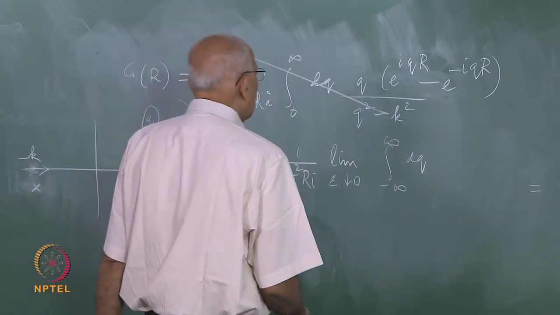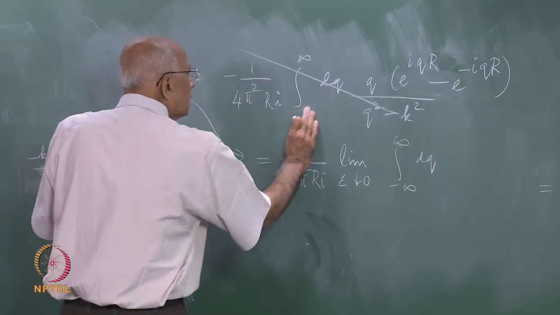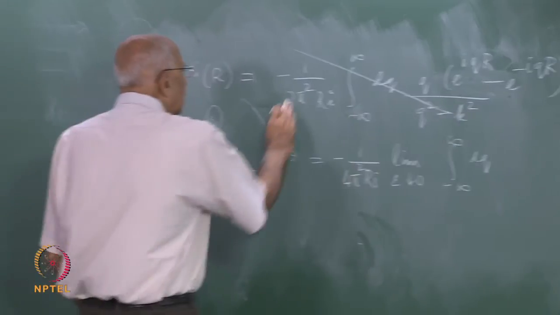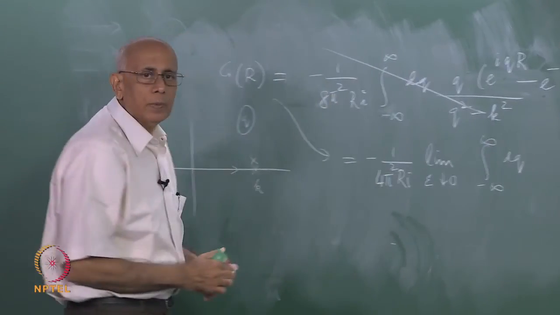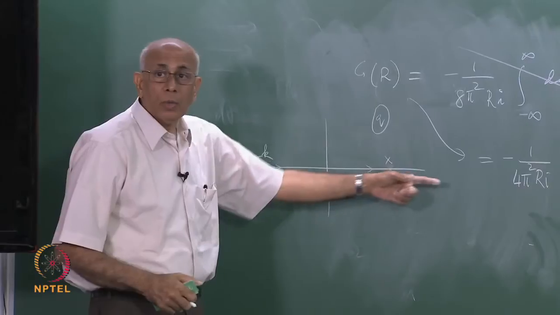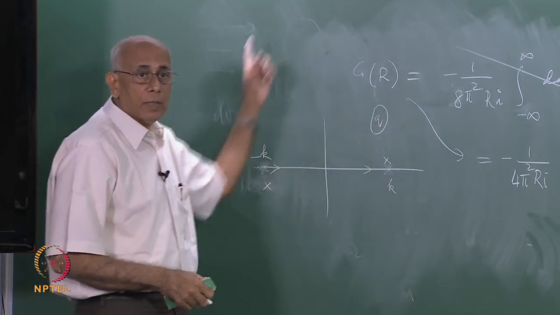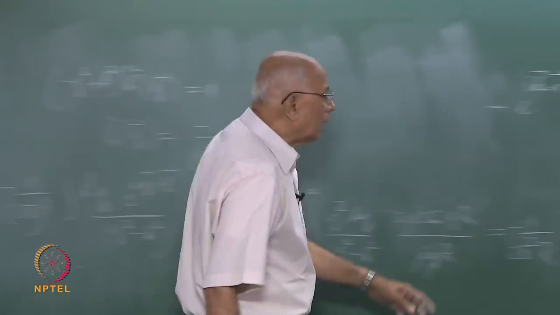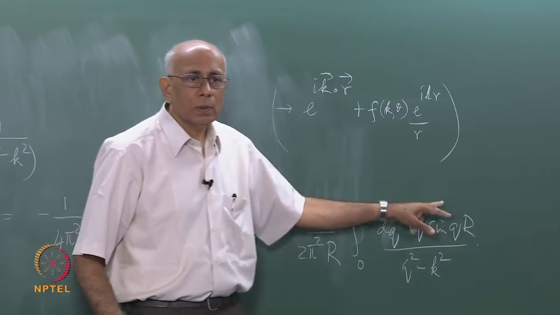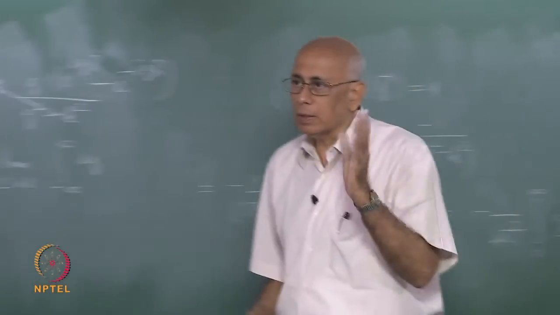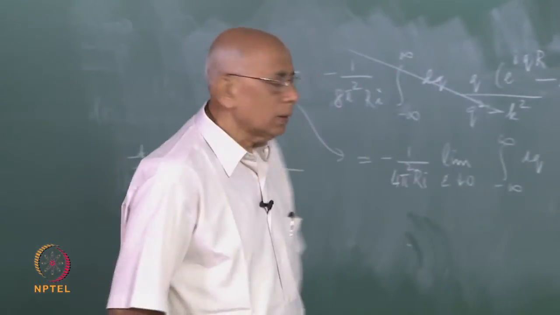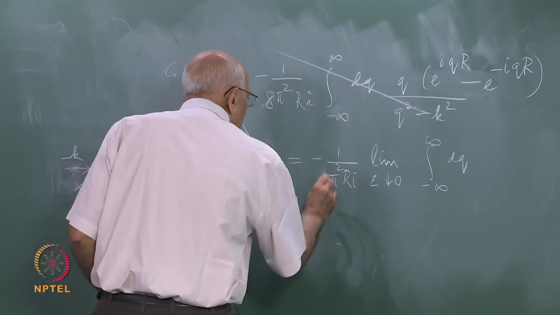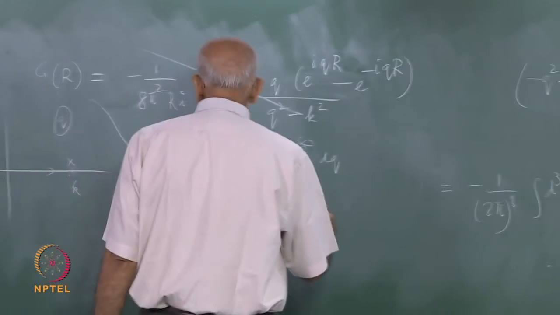Oh, just one step, I should have written this back again as minus infinity to infinity and 8 pi squared, because I need to have a contour running all the way from minus infinity to infinity to close the contour. So I use the fact that this is an even function of little q to write it as half the integral from minus infinity to infinity. So this now becomes 8 pi squared, and this becomes dq.